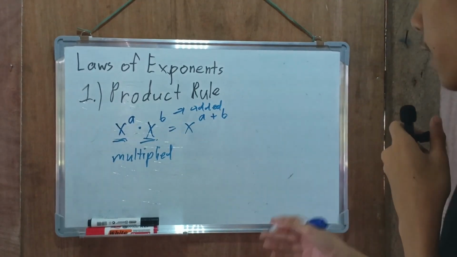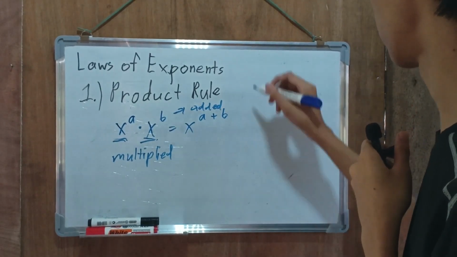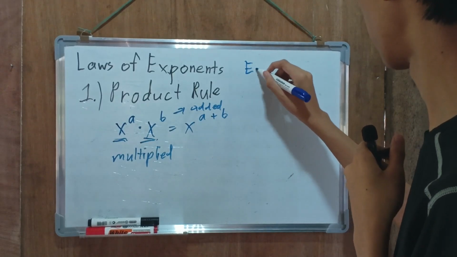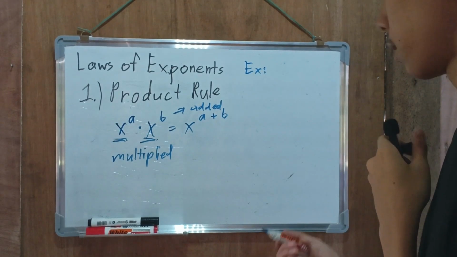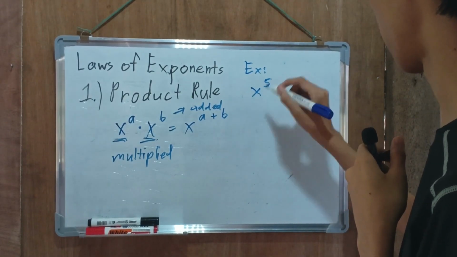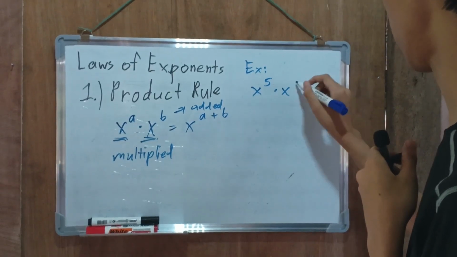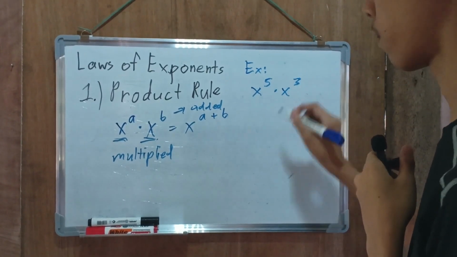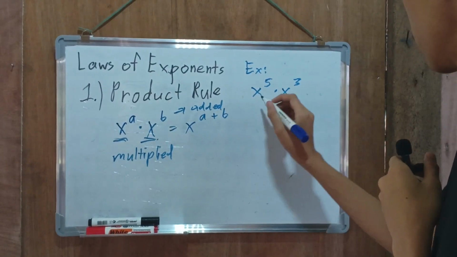Let me give you an example. Let's assume this is x raised to 5 times x raised to 3. Of course, the technique in here is very simple.